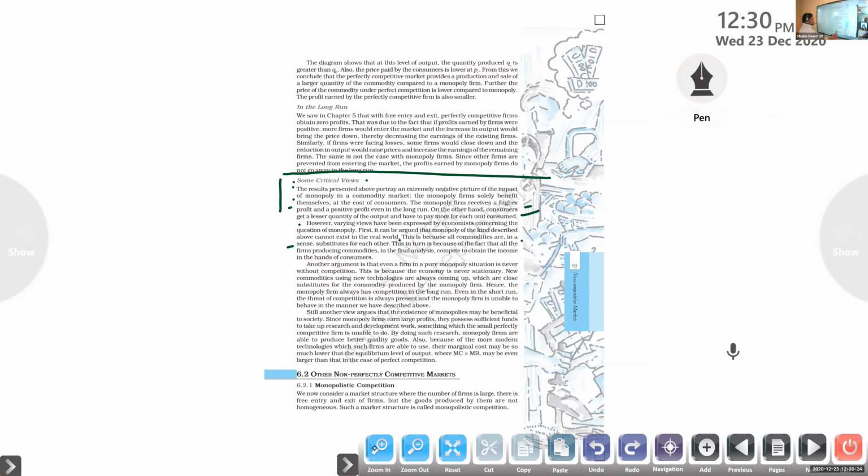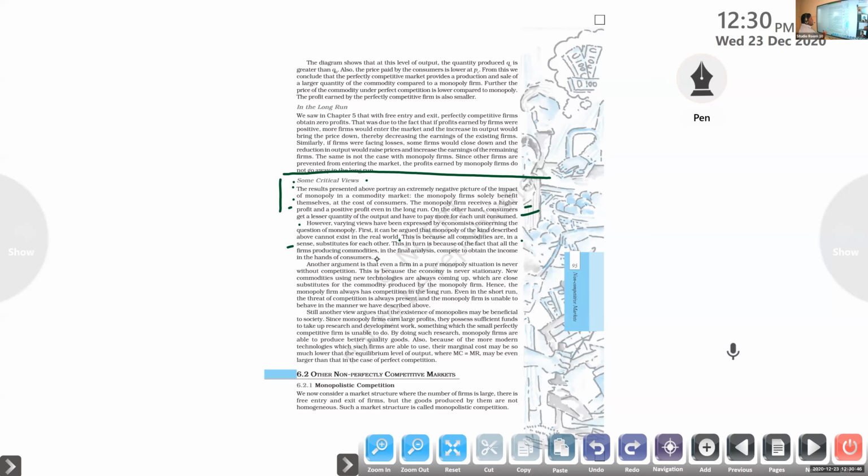Next one. Here another argument is that even a firm in a pure monopoly situation is, in the final analysis, competing to obtain the income in the hands of consumers. So all these firms, all these producers are competing to get money from the consumers.